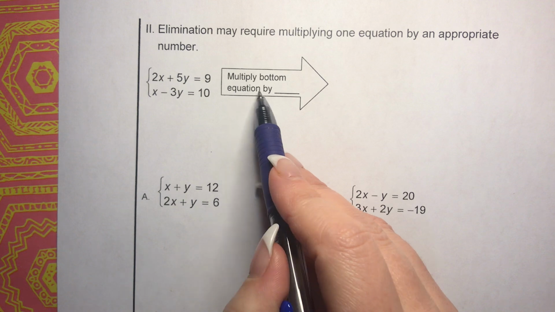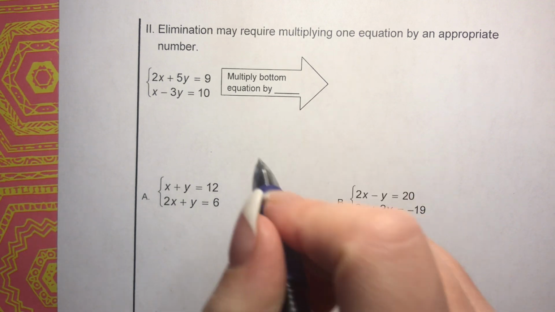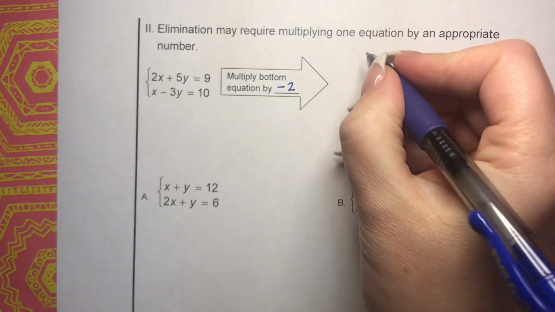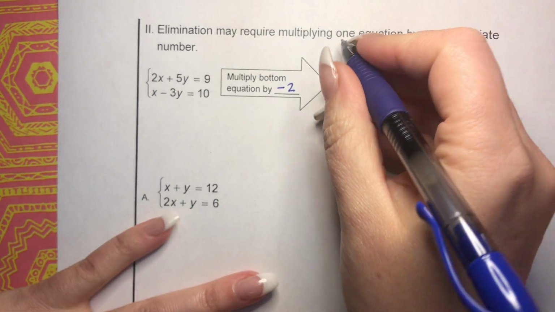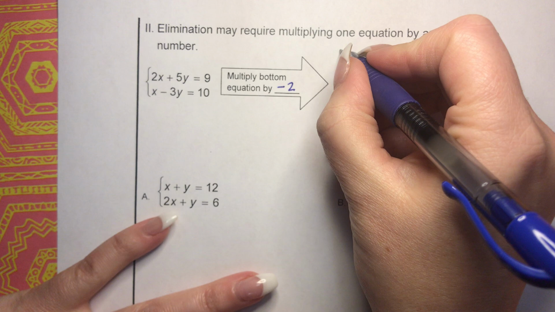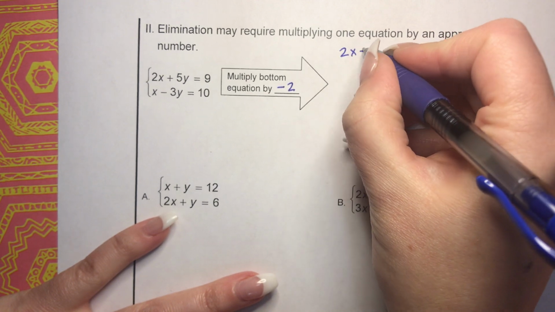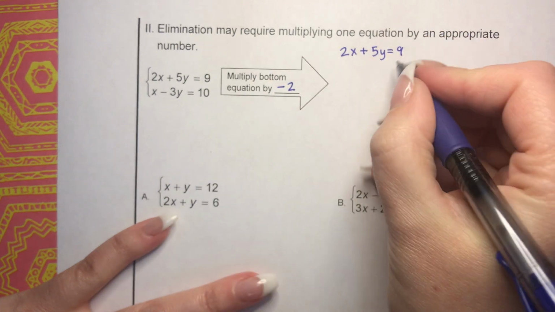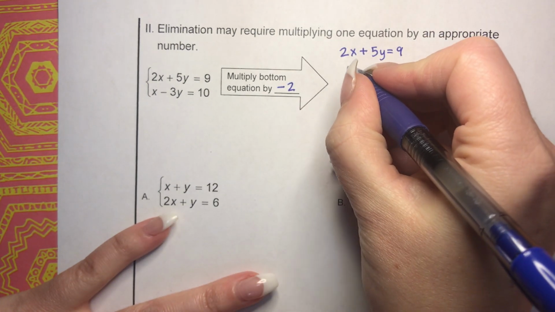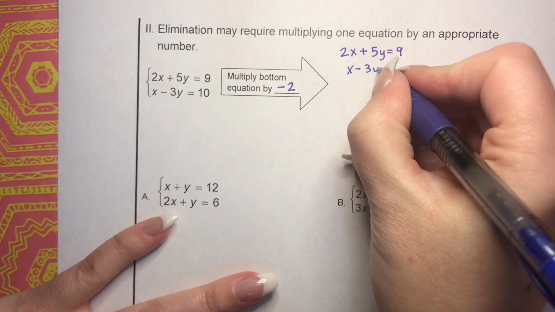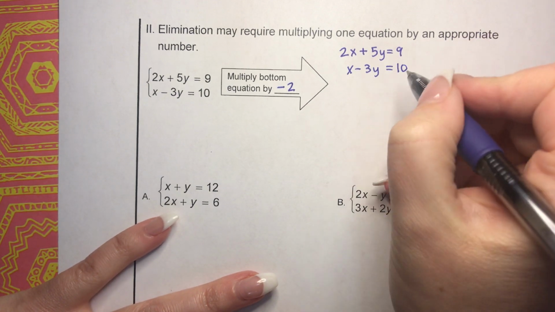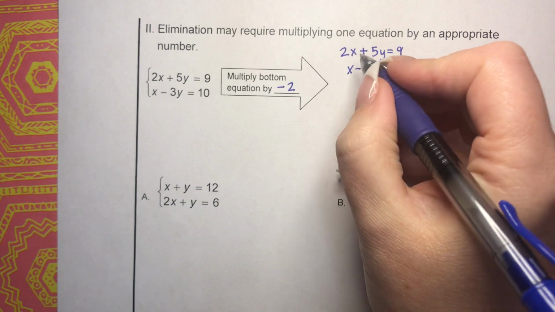So we're going to multiply the bottom equation by negative 2. The top equation just stays the same. I'm going to write it up here: 2x plus 5y equals 9. But the bottom equation, x minus 3y equals 10, we multiply the whole thing by negative 2.